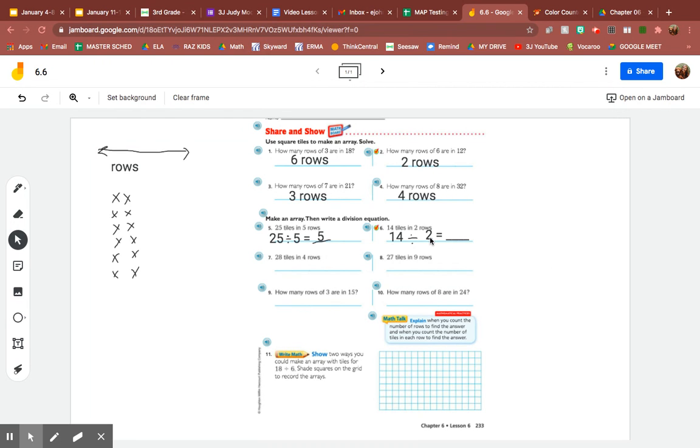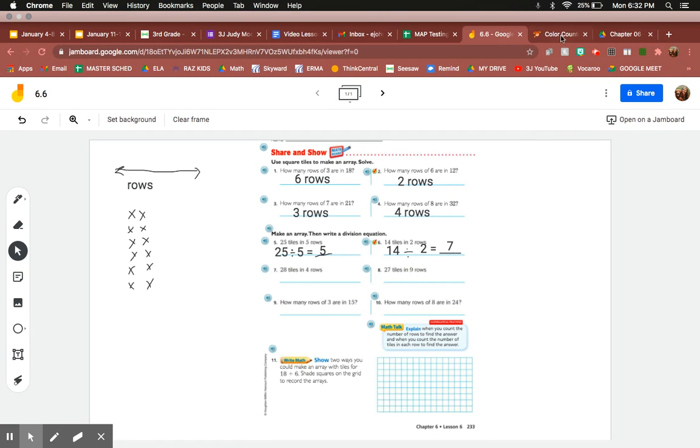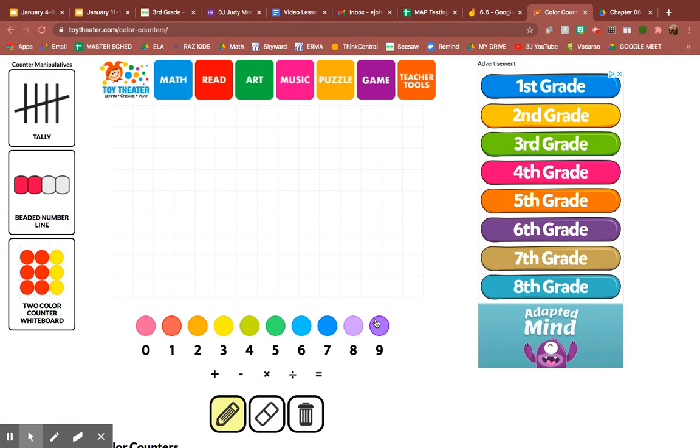It should be 14 divided by 2 equals, and then what does it equal? Well, I know that 2 times this number will equal 14. So what times 2 equals 14? If you're thinking 7, then you're correct. So I need to make an array with 14 tiles in 2 rows of 7. So I need 2 rows of 7 because that's going to equal 14.